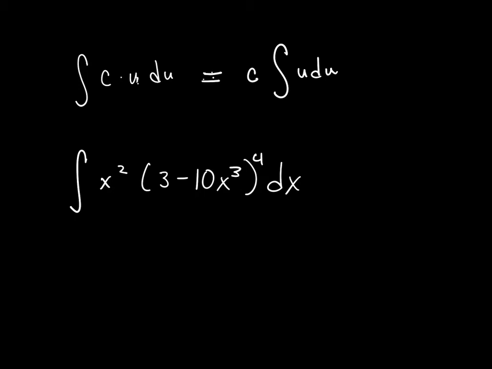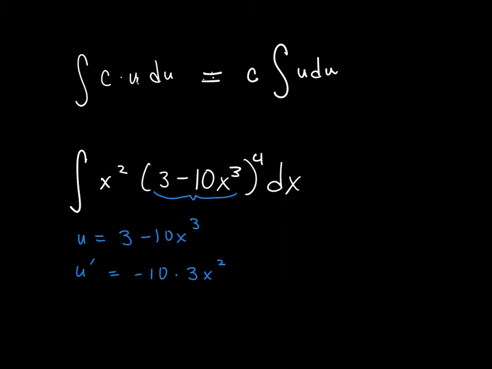Again, I'm going to let the inside portion of this equal u. The derivative of u is just going to be negative 10 times 3x squared.